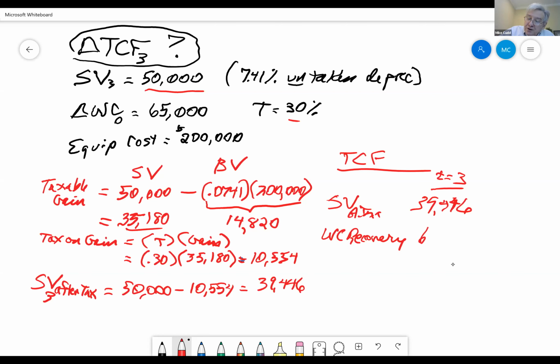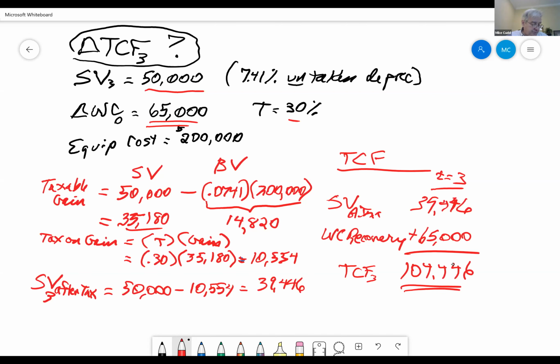We shelled out $65,000 in working capital at the start, so now we recover it. And that gives us a terminal cash flow in year 3, I'm getting, of $104,446. And that was my check figure.